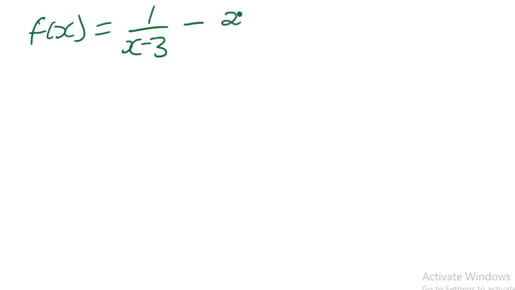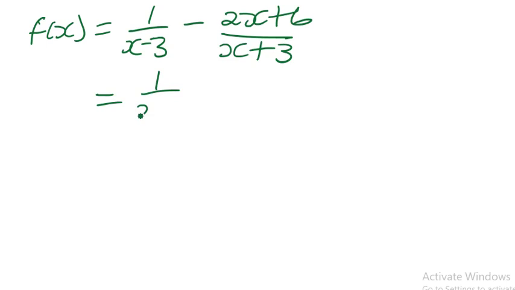We are given this function f of x, which is 1 over x minus 3 minus 2x plus 6 over x plus 3.